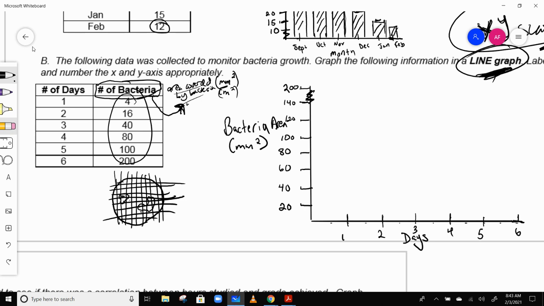Okay. So it's a little bit tricky, and this is 0 here. So on day 1 there's 4. So I'd say that's 10, a little bit less than halfway, so it's all the way down here. And then day 2 is 16, so a little bit, pretty close to 20. And then day 3 is 40, so that's an easy one.